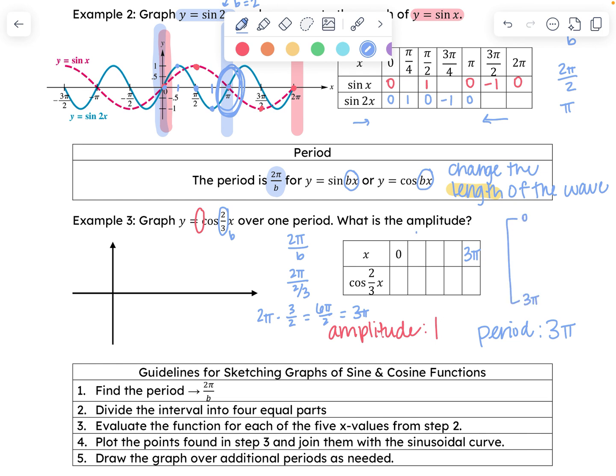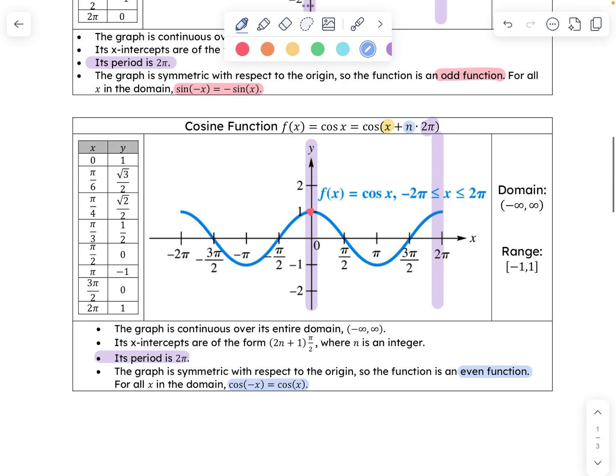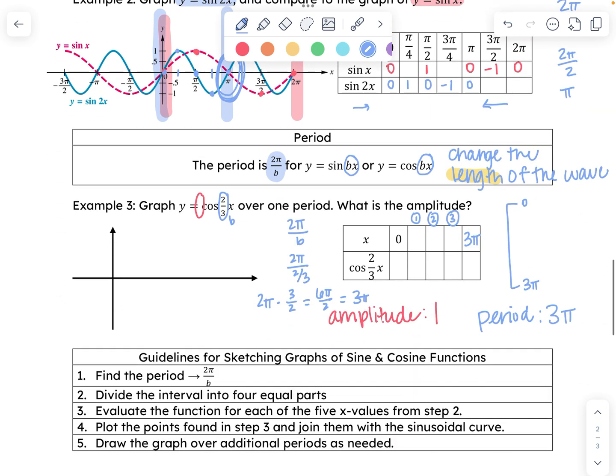But notice I still have 3 different spots I need to fill in my table to get my other points. Because if we're looking at our cosine graph, this one right here, we're going to start at 1, hit at 0, hit at -1, 0, and back up to 1. So I can fill in those y values down here: 1, 0, -1, 0, back up to 1.